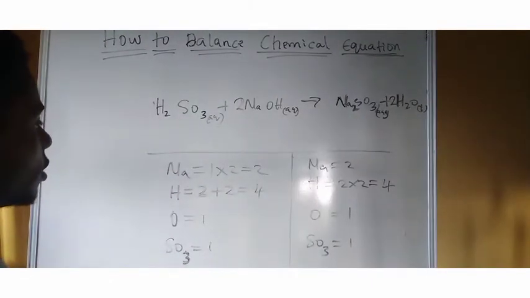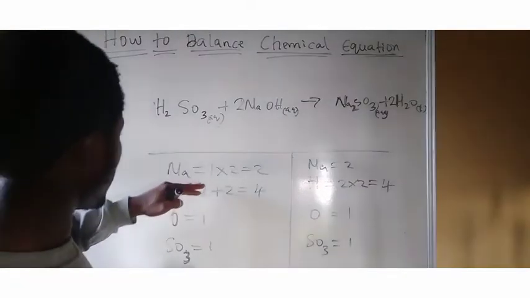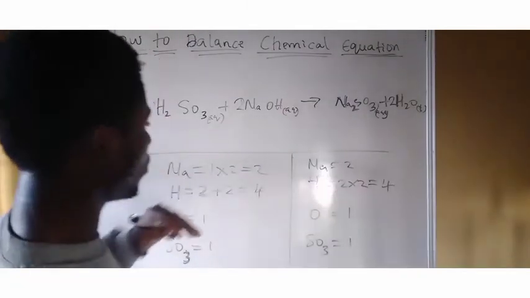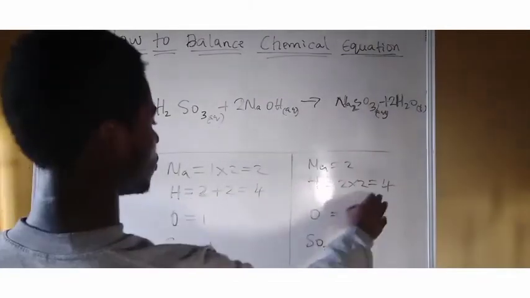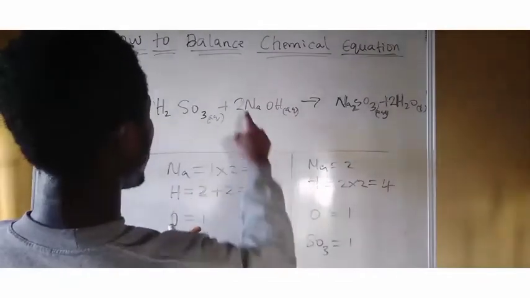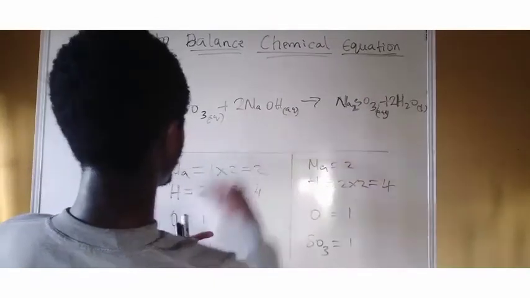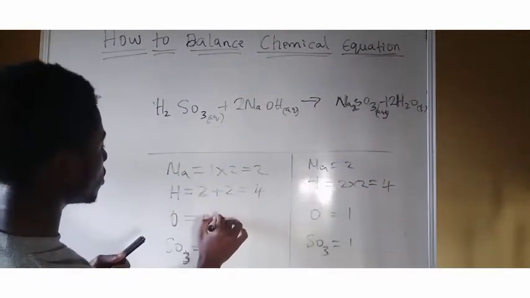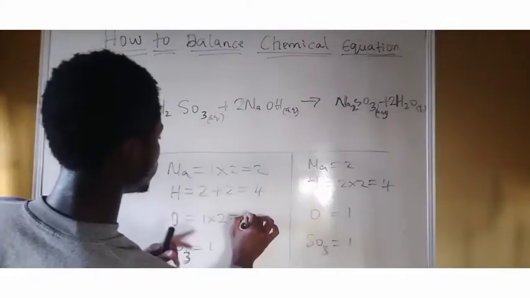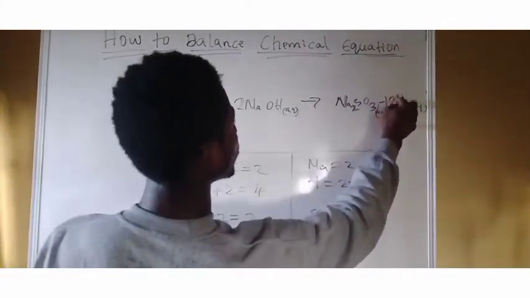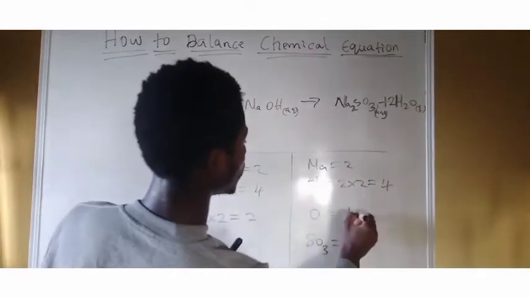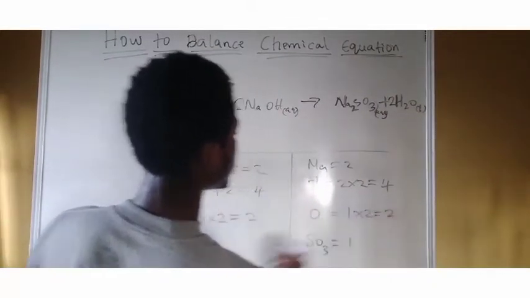Since our hydrogen is balanced, since we now have 2 sodium, 4 atoms of hydrogen, oxygen as well. Oxygen multiplied by 2, so now we have a total of 2. And on this other side, this 2 multiplying everything gives 2 now.